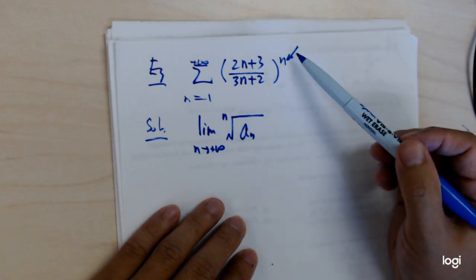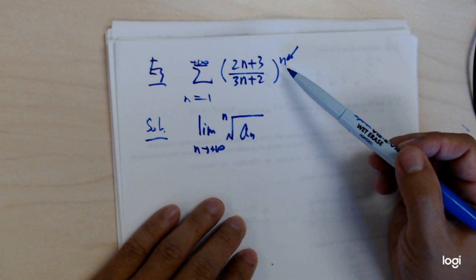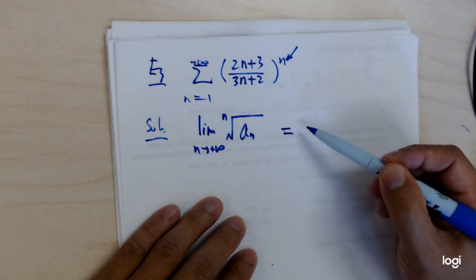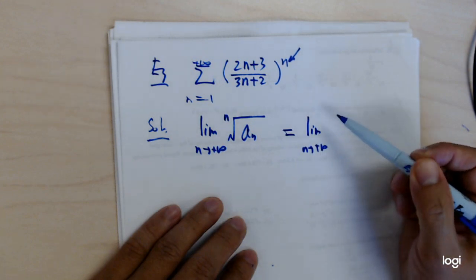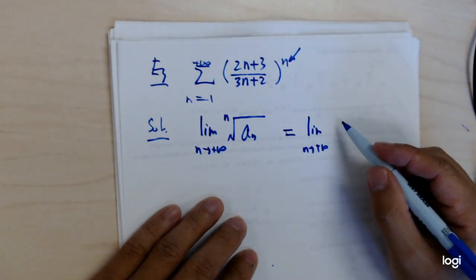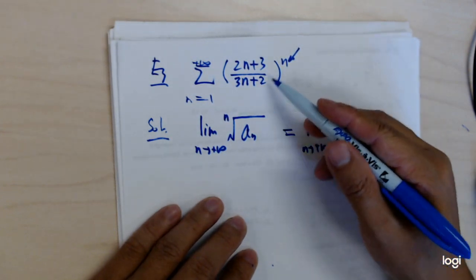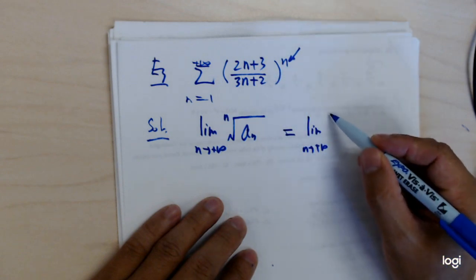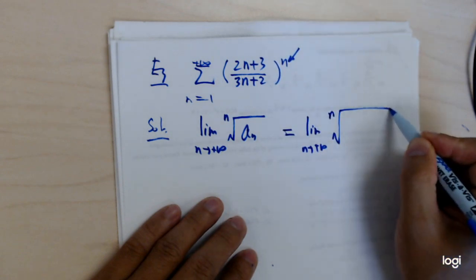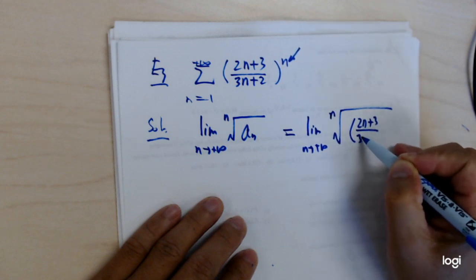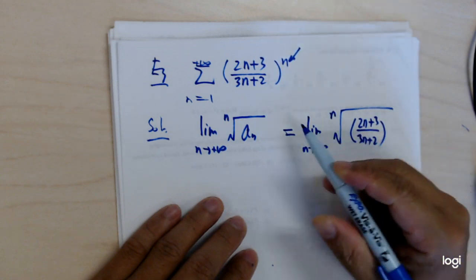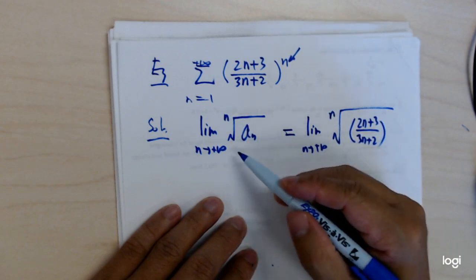So if you do the root test, it'll cancel out this power. So that's one criterion you can use to choose between the ratio test and the root test, depending on the format of the series itself. So you take the nth root, and also notice this is a positive series, so I don't need the absolute value.